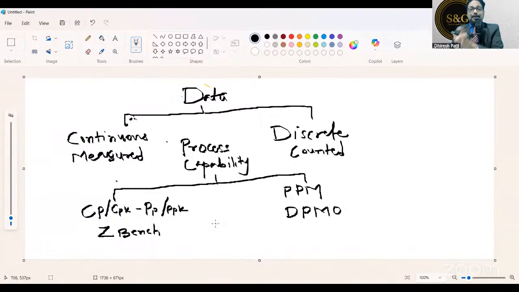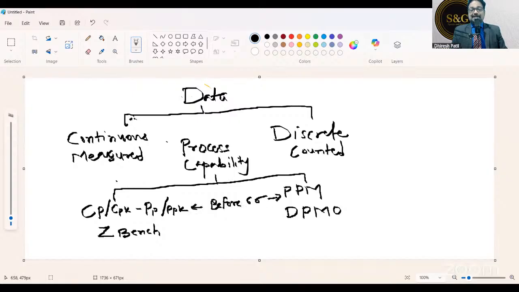Cp, Cpk and PPM, these are two indicators which industries used before Six Sigma. So before Six Sigma, these indicators were being used.